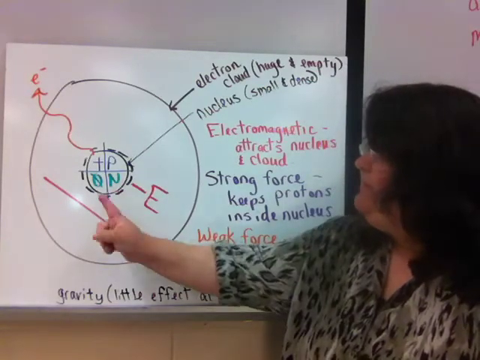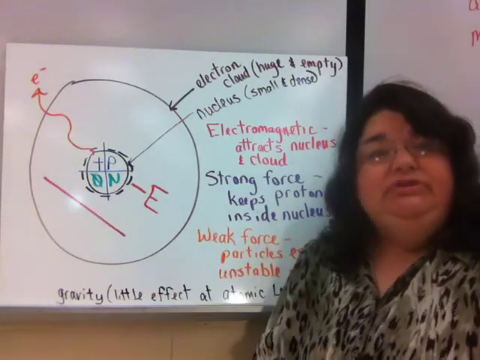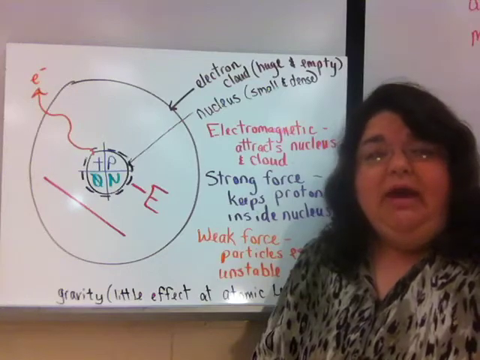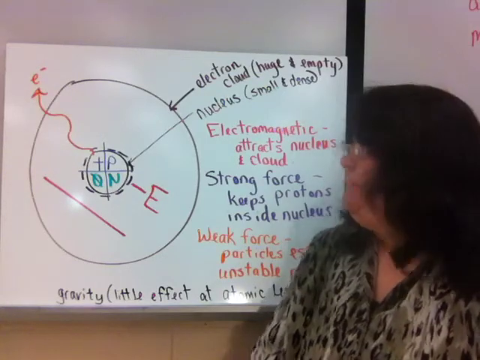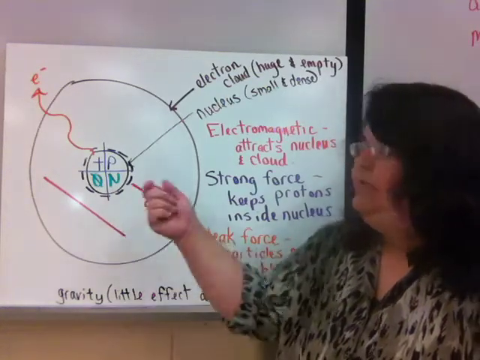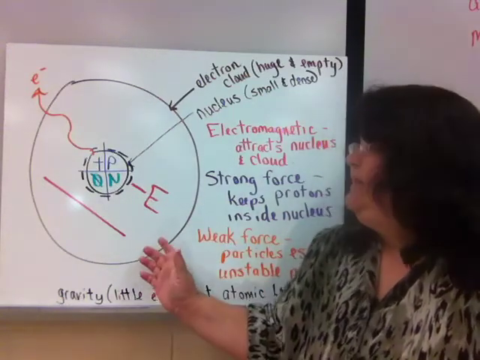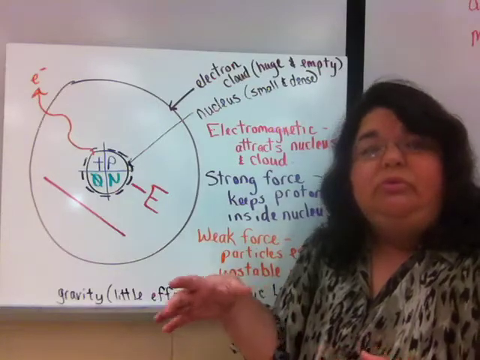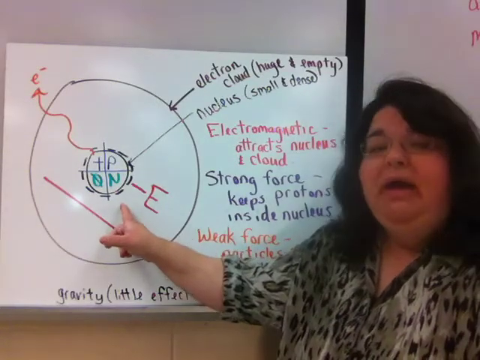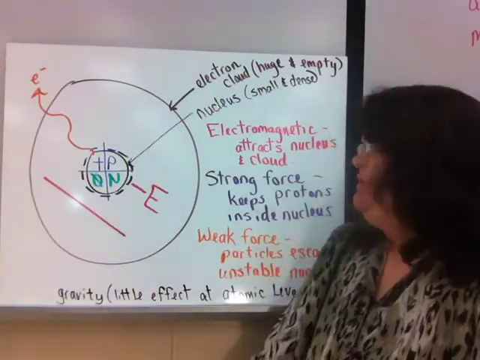So this positive and this negative will attract, because we know that opposite charges will attract. So even though this nucleus is really small and the electron cloud is really big, the electron cloud is attracted to, pulled toward that positively charged center.